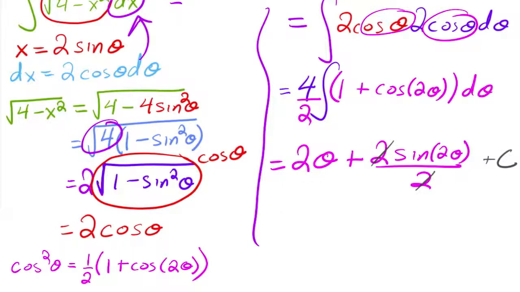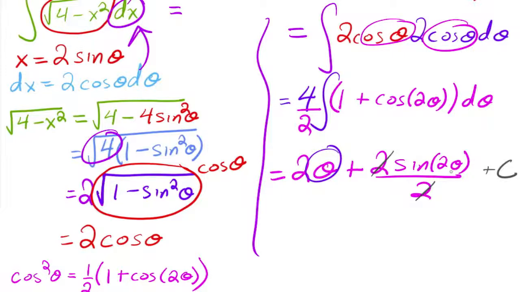You need to find what theta is with respect to x, and you need to find what sine of 2 theta is. Now you don't really want sine of 2 theta there, because it's going to make it harder to find. So let's use the trig identity for sine of 2 theta and write it as 2 sine theta cosine theta.